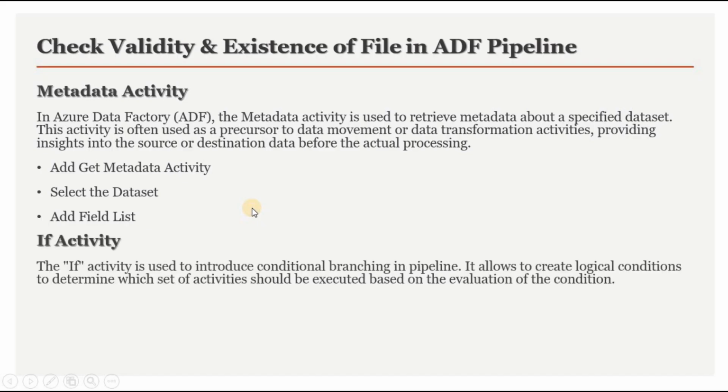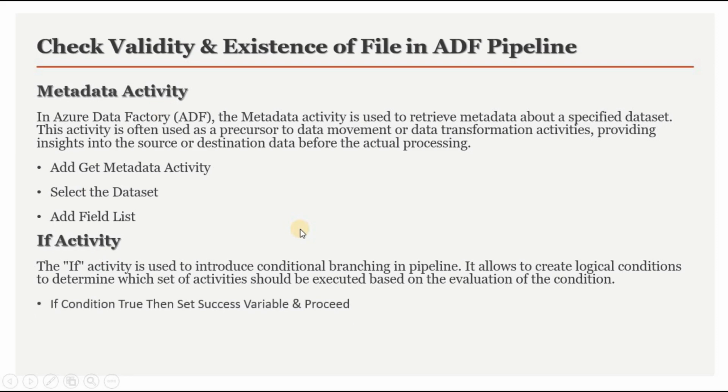The next thing we have to add is the if activity. The if activity is used to introduce conditional branching in our pipeline. It allows us to create a logical condition to determine which set of activities should be executed based on the evaluation of the condition. Here there will be two conditions. First, whether the file exists or not, and next, whether the file is valid or not.